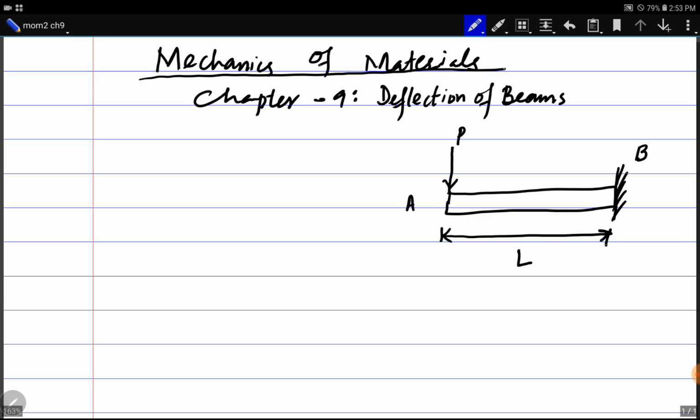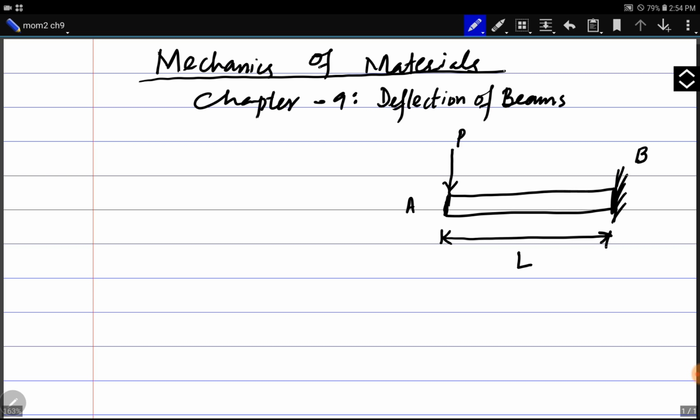Okay, before solving this problem, let us discuss one important point, that moment between A and B has a single function, because there is no other load between A and B. There is only one load, P. So for all such kind of problems, we need to determine moment first. So why do we need to determine moment?